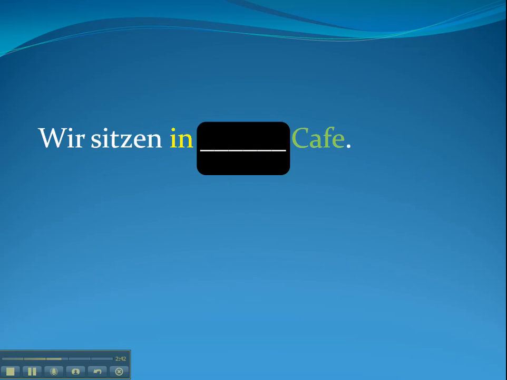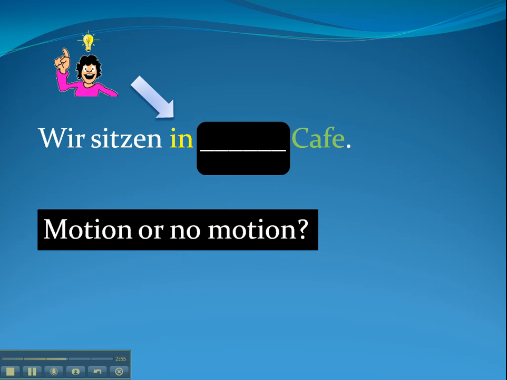Examples. Wir sitzen in something Kaffee. Aha, there's our preposition, in. Is there motion in this sentence? Don't know. What's the verb? There it is, sitzen, sitting. No motion. So what's the rule?